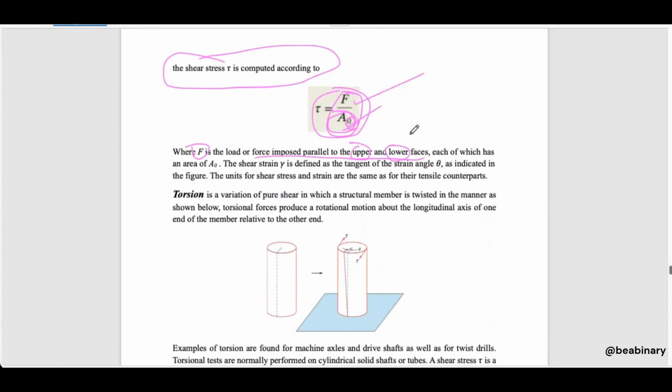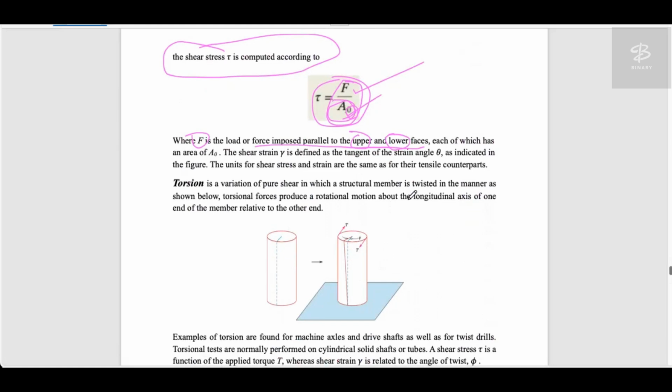That area is your cross-section area, and you need to focus on it. If the applied force is parallel to that area, then it is known as shear force. And if the force is perpendicular to that cross-section area, it is known as compressive or tensile, depending on whether the force is going into the material or out of the material.